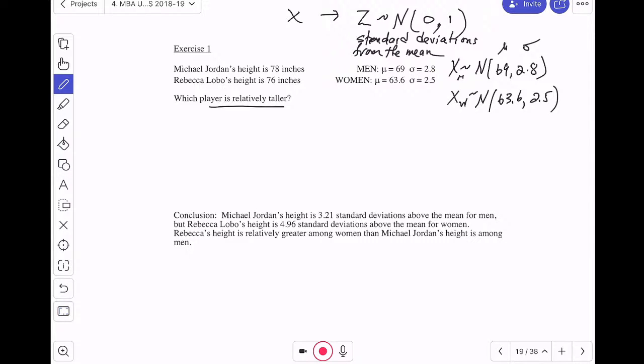So we take Michael Jordan's height, so that z, number of standard deviations from the mean for Michael Jordan's height, would be 78 minus the mean divided by the standard deviation for men.